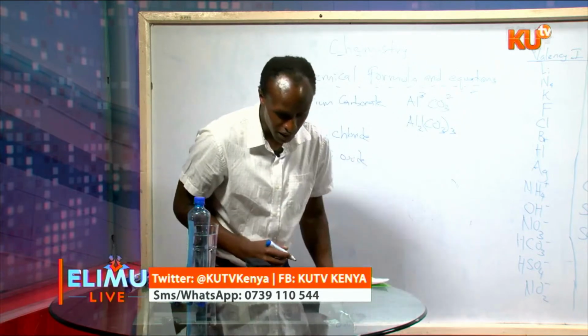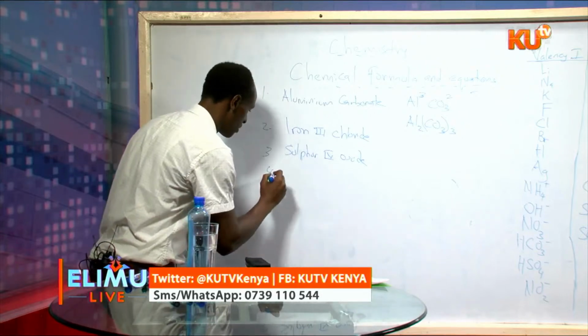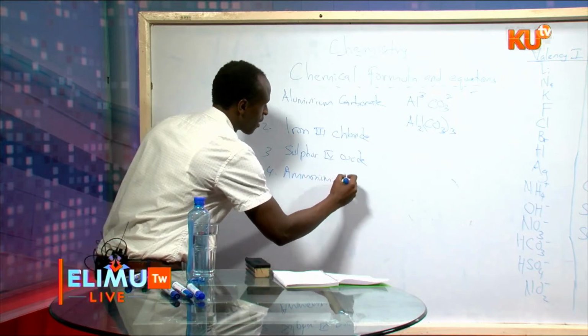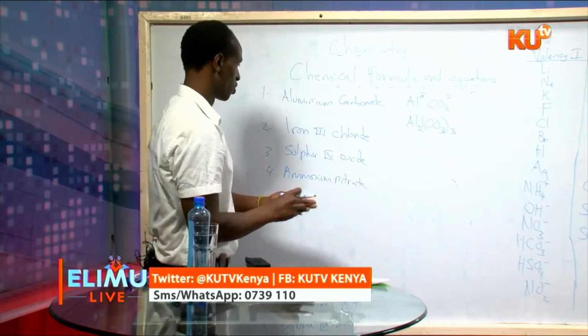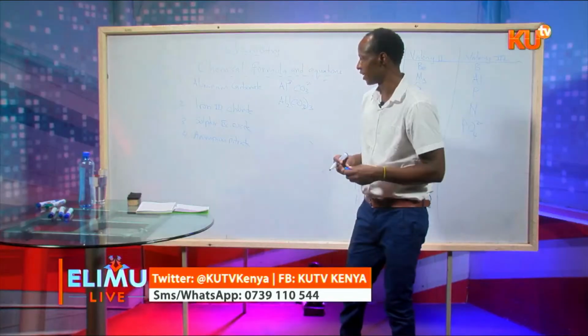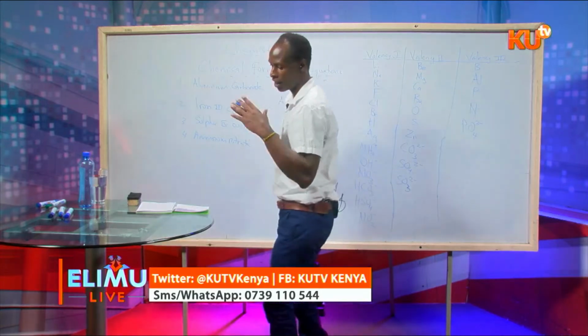And the last is ammonium nitrate. So there you have, we have iron 3 chloride, we have sulfur 4 oxide, and we have ammonium nitrate. So those are chemical formulas.